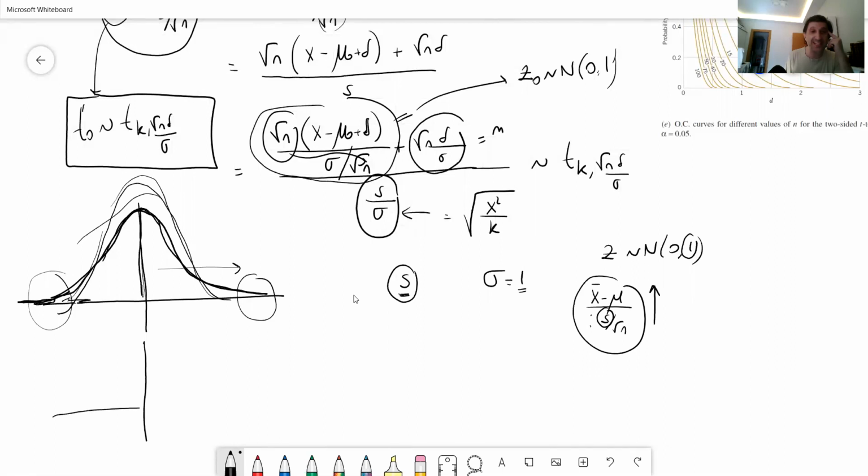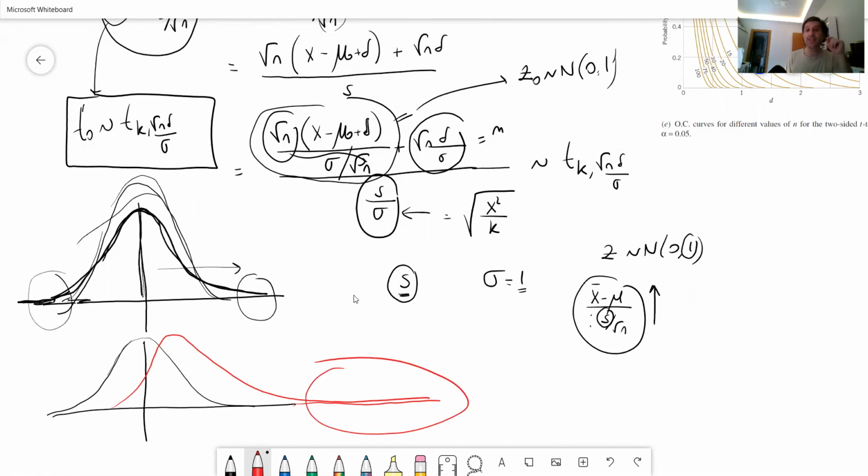It's going to be a skewed distribution. So if this is our central t distribution, then our non-central t distribution would look like this.